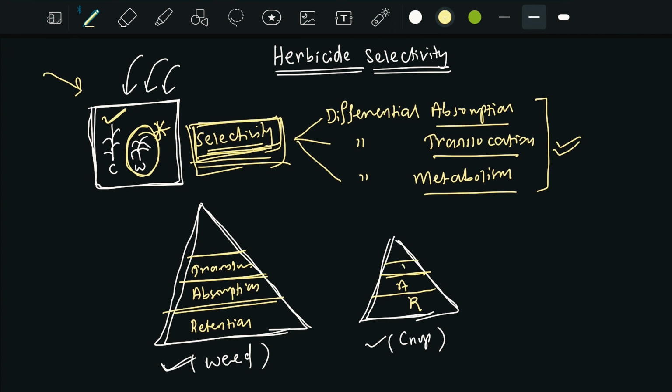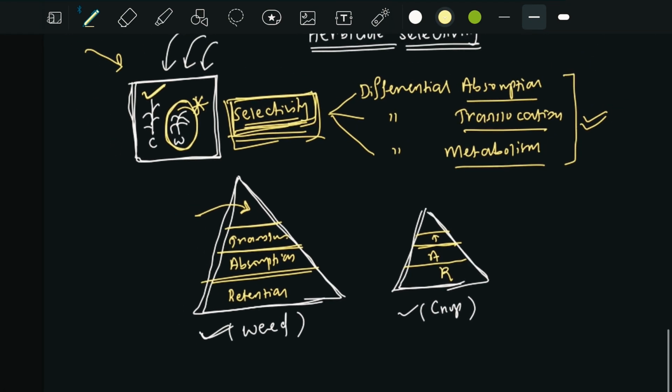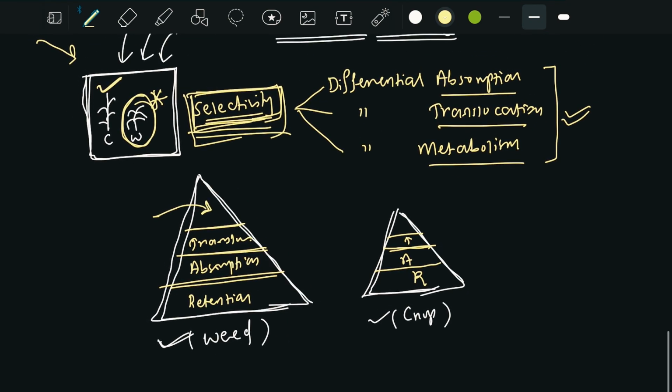So the translocation is also higher in case of the weed. So the movement of herbicide to the site of action. So what is a site of action in the plant or weed?